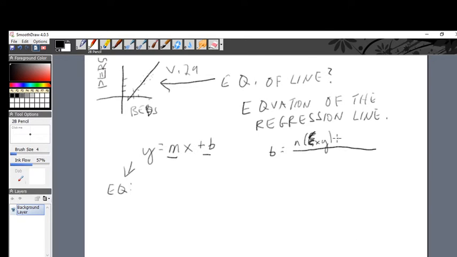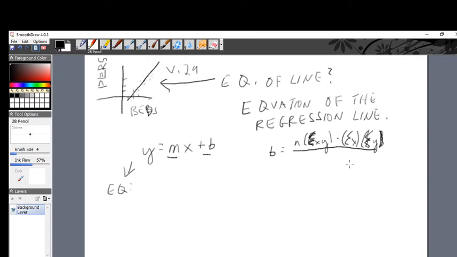Minus the sum of the x's times the sum of the y's. That's supposed to be just parentheses, and this is supposed to be the special symbol of sum. Okay, that's the numerator.